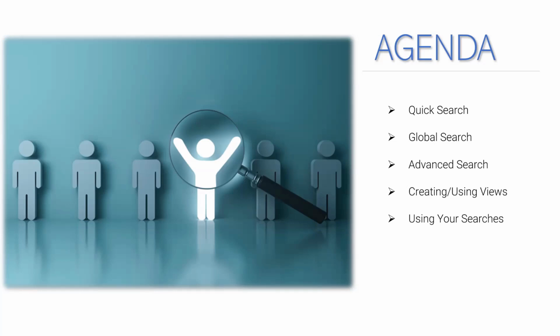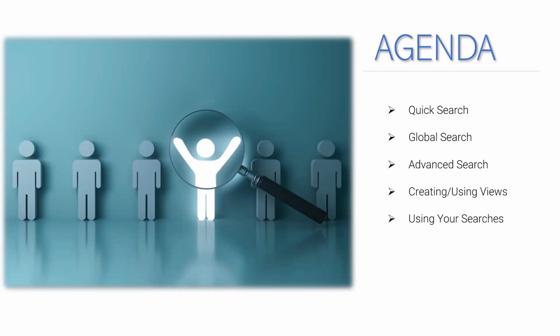You might be searching for a person or a company and you don't know where they are in the database or if they are in the database. So you can use the global search to find that information. Then advanced search, this one is the one that you'll want to practice the most. This allows you to do all different kinds of searches using a form filter, a standard filter, a time filter, and a product filter.